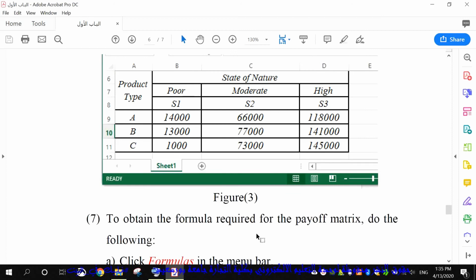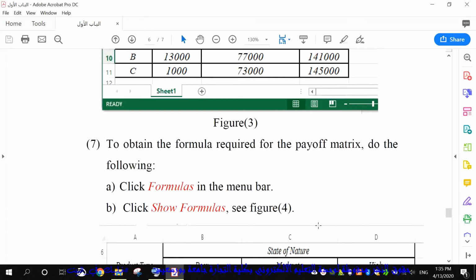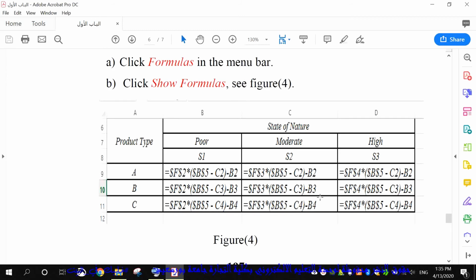To obtain the formulas required for the payoff matrix, we have to click Formulas in the menu bar, then click Show Formulas to get the above equations. So in our case, the equation written in B9, by pointing to the autofill until you get a solid cross, then click and drag to calculate for the other products B and C.